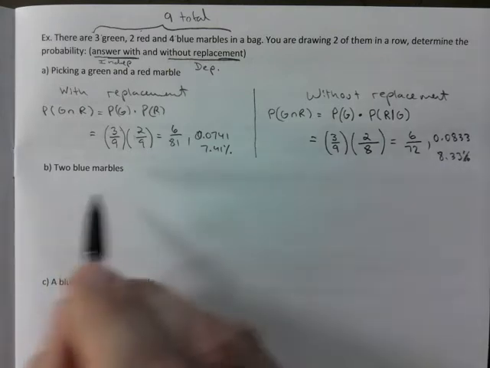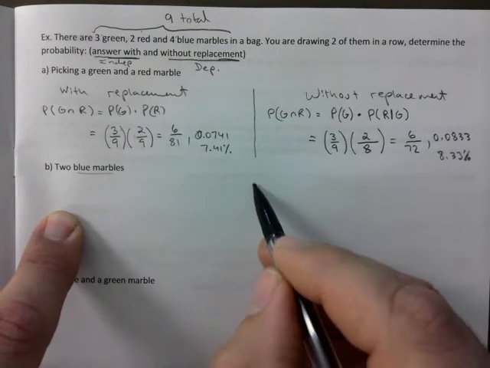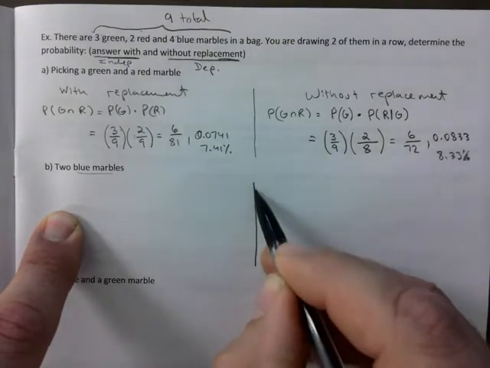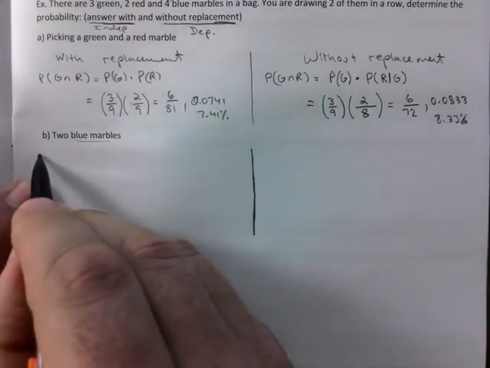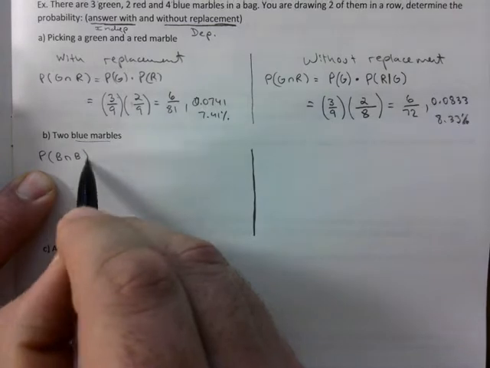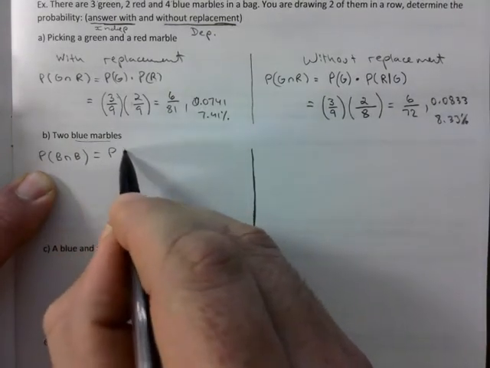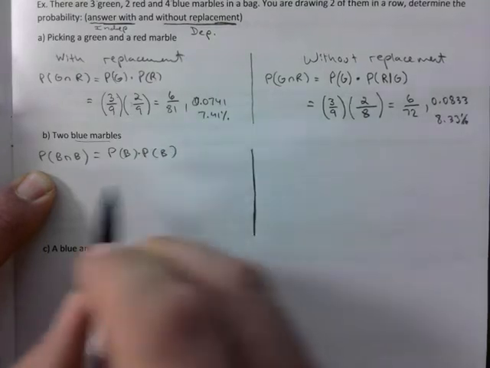Okay, 2 blue marbles right here. So with replacement, without replacement, let's make this bar here. So 2 blue, if you're replacing, probability of blue and blue, that'd be probability of blue times probability of blue. No news there.